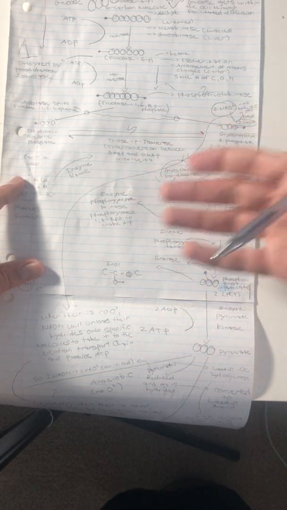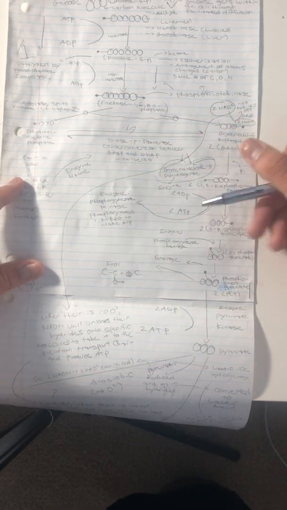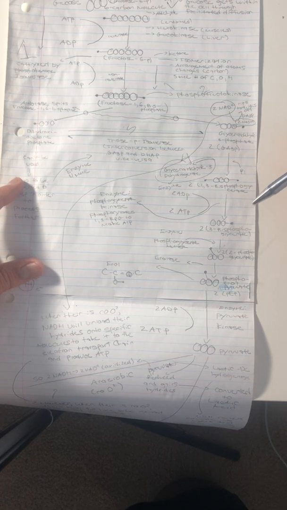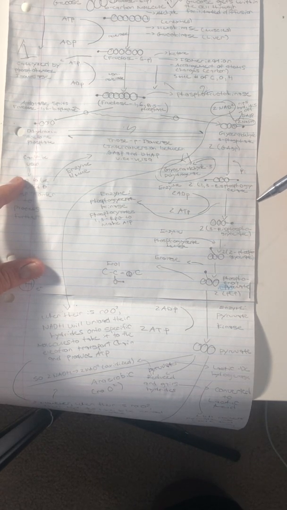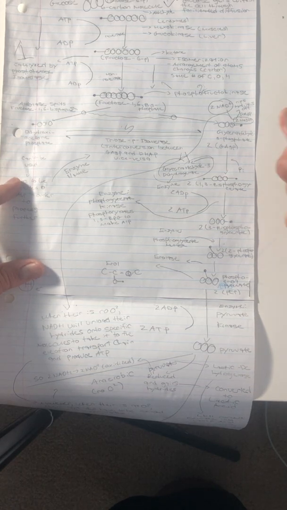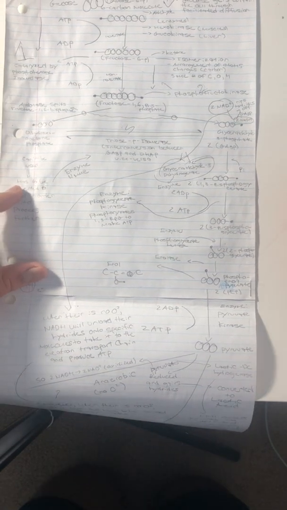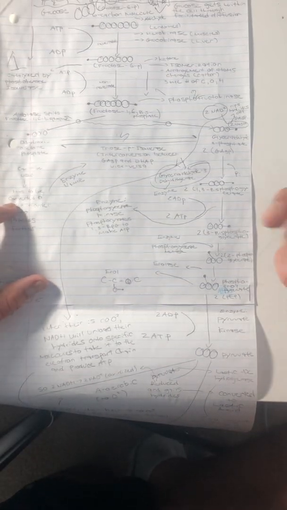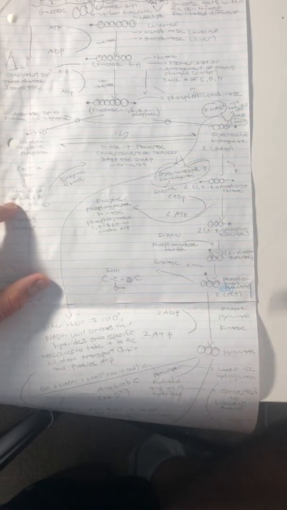The enzyme that facilitated this is called phosphoglycerate kinase, or phosphoglycerate kinase 1,3-BPG. It's a really long name, but it does not make a big difference knowing the name. It's more important learning how the process works itself.